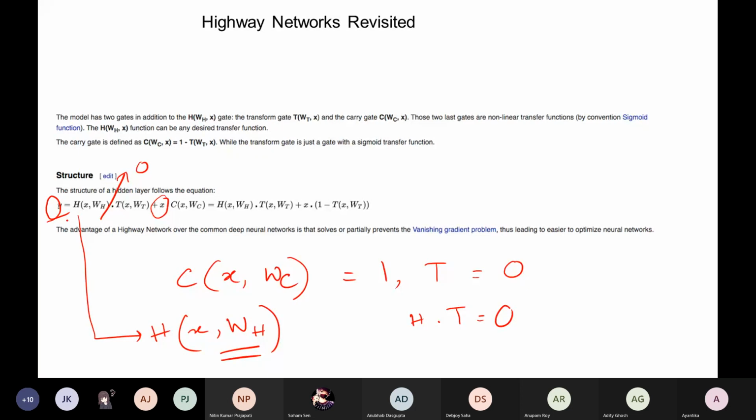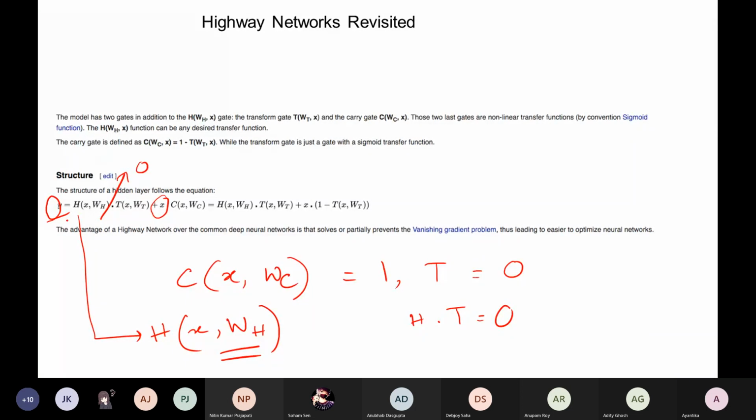If one is open, you are directly passing the input to output. If the carry gate is closed, that means your transfer gate is open, and you are passing this X input through some transfer function, and that will be the output of your hidden layer. It is basically one layer of control.